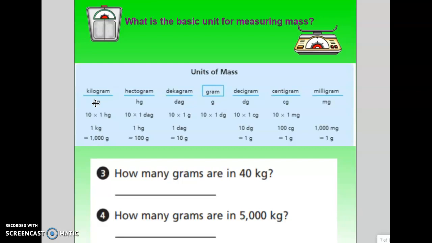Can anybody do that in their head? Think back to our multiplication unit. I'll give you a minute to figure it out. Do you know the answer is 5 million grams? There are 5 million grams in 5,000 kilograms.